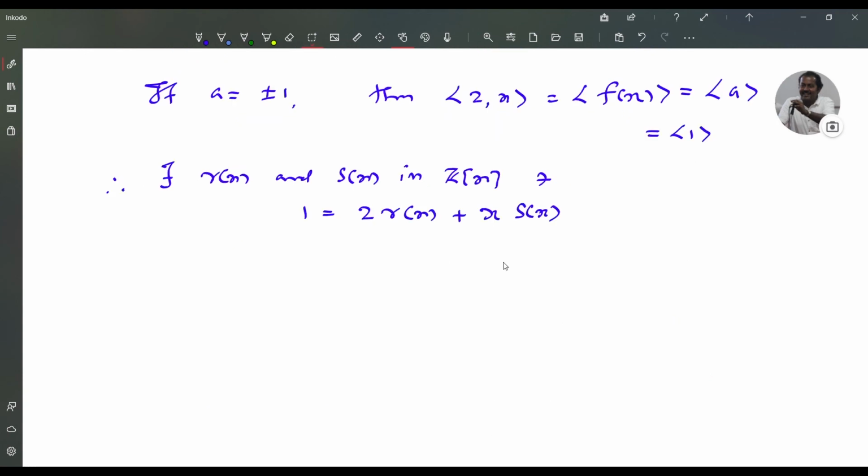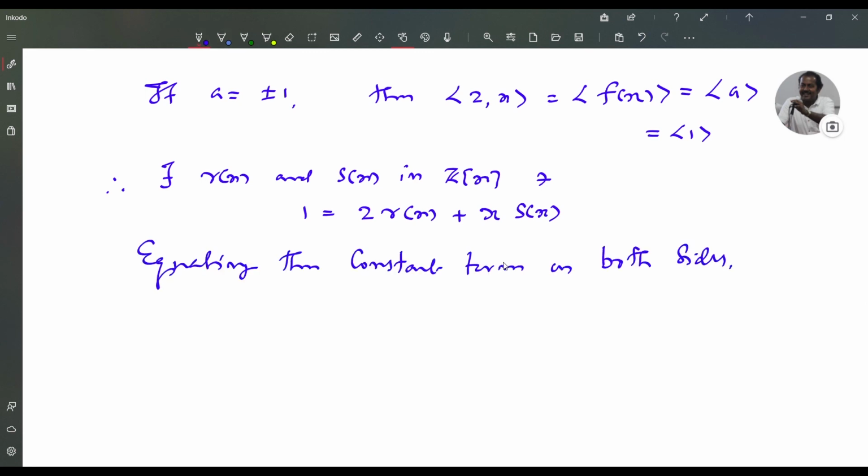Now equating the constant term on both sides, we get 1 equal to 2 times r(0) plus 0 times s(0). So this implies 1 equal to 2 times r(0).